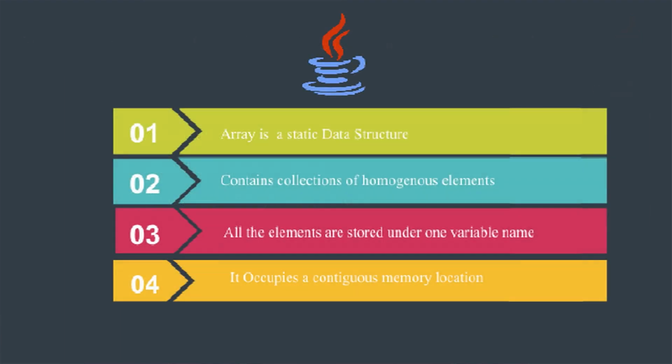So learner, whenever you are going to design a software, basically you are storing data. When you are storing data, there might be use cases where we need to store a lot of data all together in a single container, right?